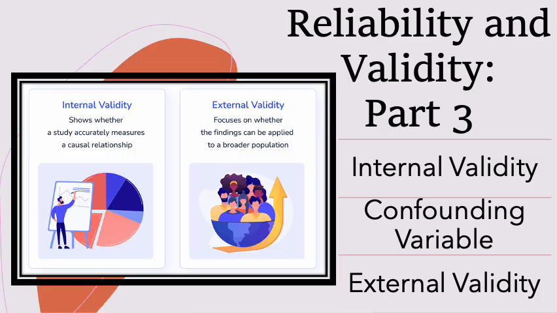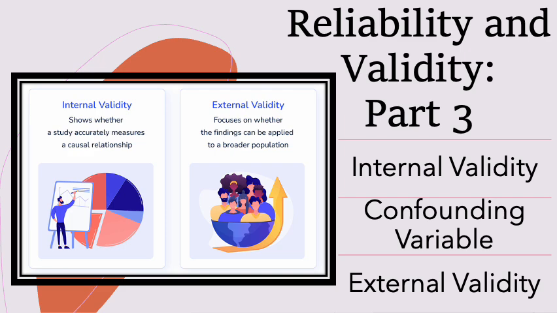So you want to consider, was there anything else going on within the study that may have impacted the study? One of the ways to reduce confounding variables is to use a random sampling design, which ensures all participants are equal in as many ways as possible, and that helps the study results.